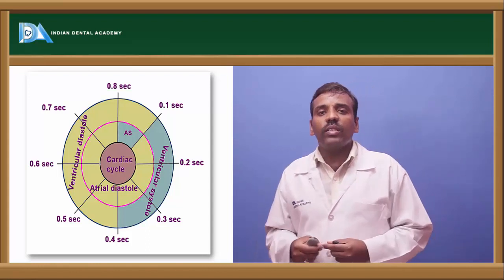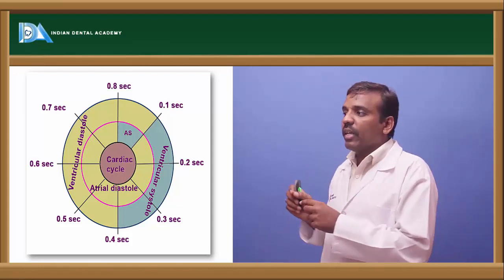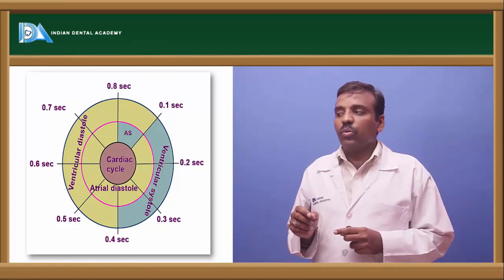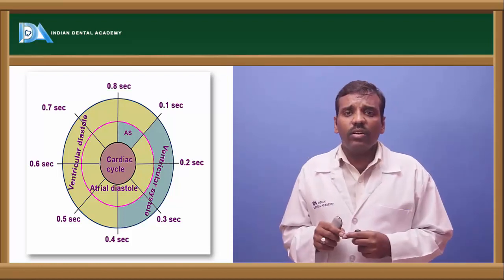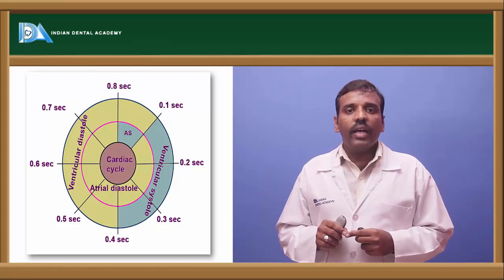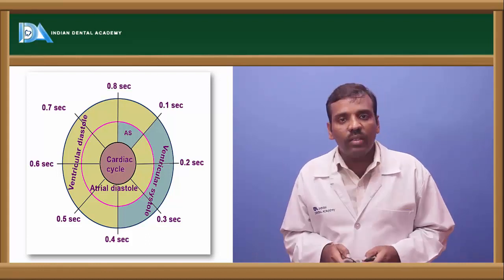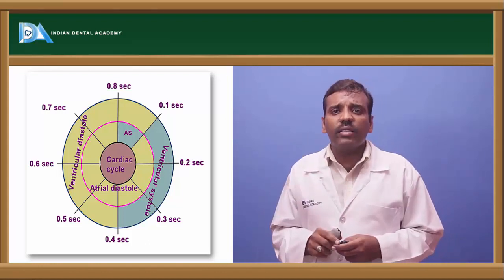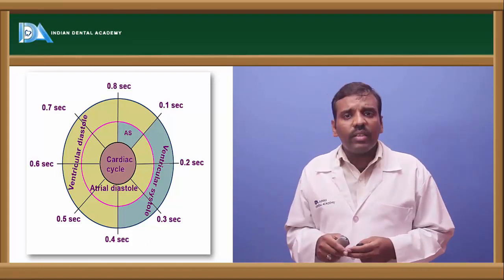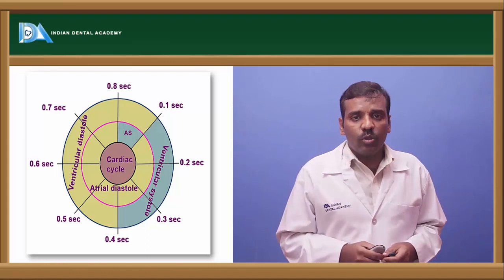First, it starts with the atrial systole in the middle circle, marked with the color, symbolically AS, atrial systole, which is about 0.1 second. And the remaining part of that middle circle, 0.7 seconds, is the atrial diastole.